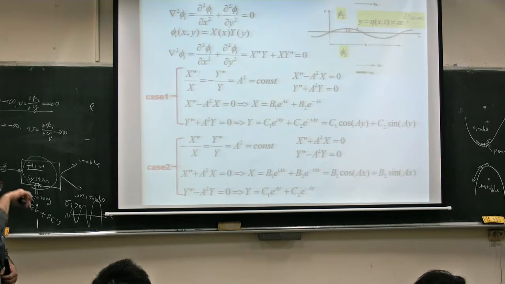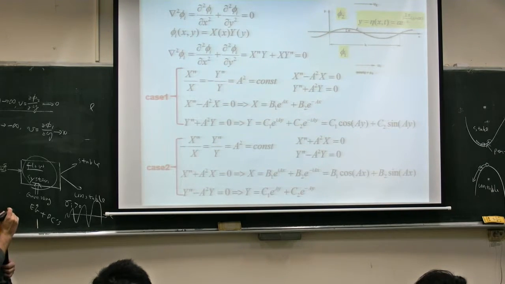In your engineering mathematics. So once you evaluate this, capital X is a function of x only, capital Y is a function of y only. So here the Laplace of phi is equal to X double prime times Y plus X times Y double prime equal to 0.